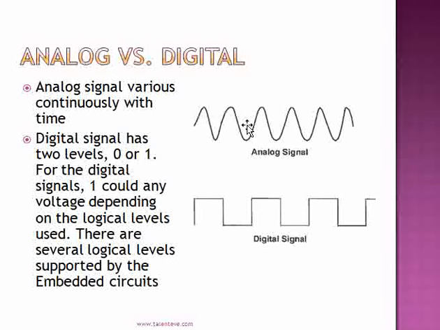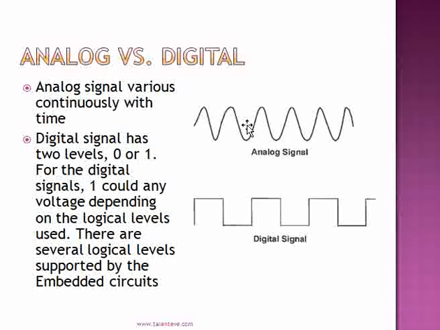While we talk about analog signals, all the processing internally in the embedded system happens using digital signals. When we say digital signals, it involves zeros and ones, the binary values.